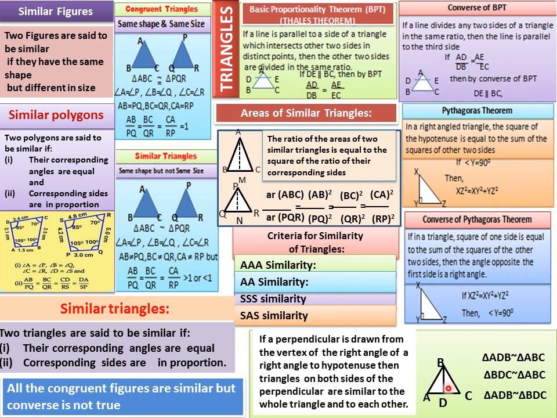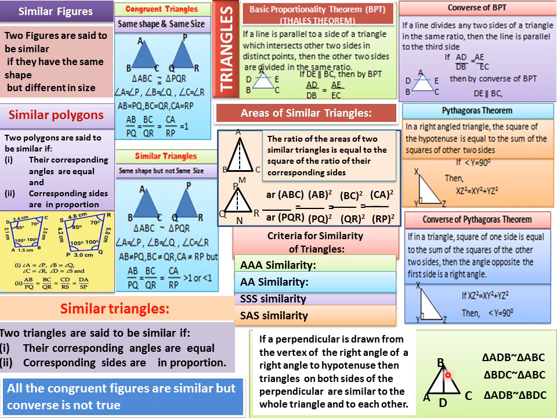These two triangles are similar to each other and they are also similar to the main triangle, that is triangle ABC. As you can see here, triangle ADB is similar to triangle ABC, and triangle BDC is also similar to triangle ABC, and triangle ADB is also similar to triangle BDC.